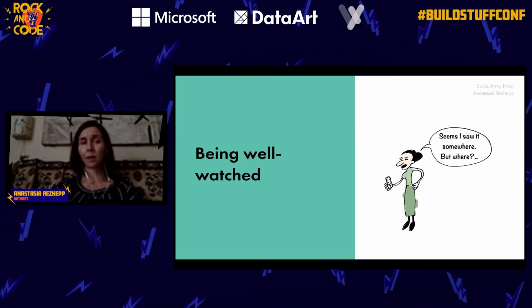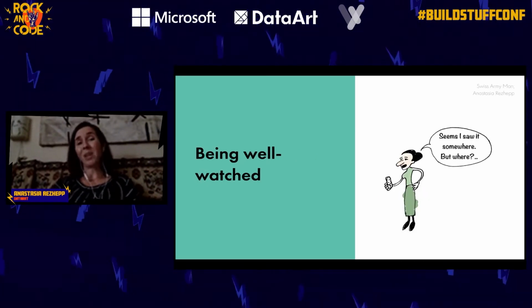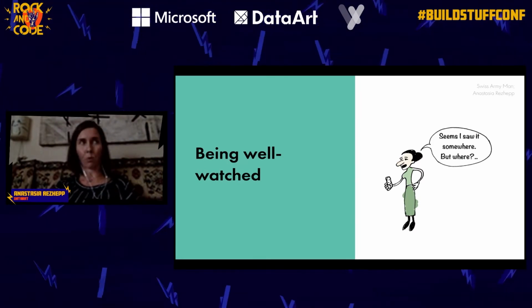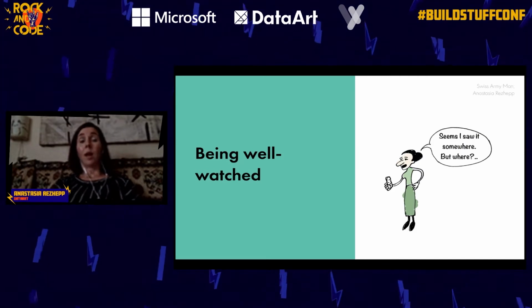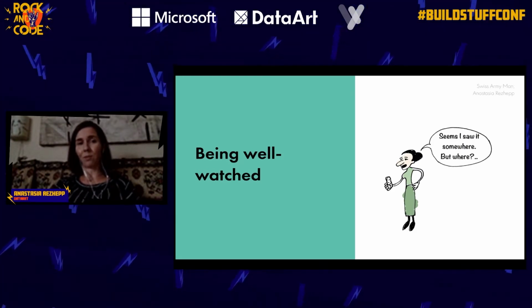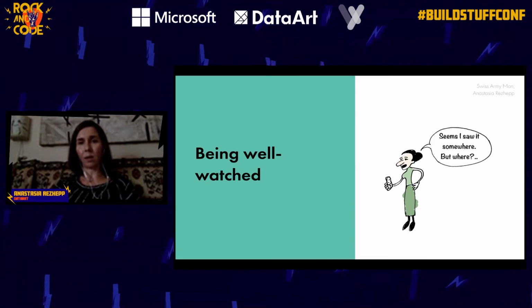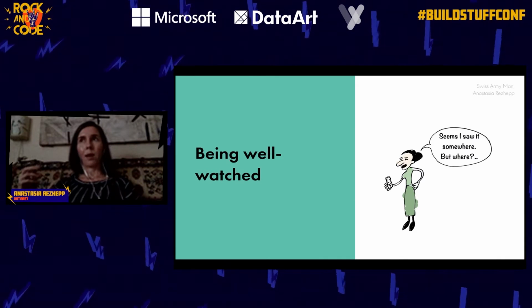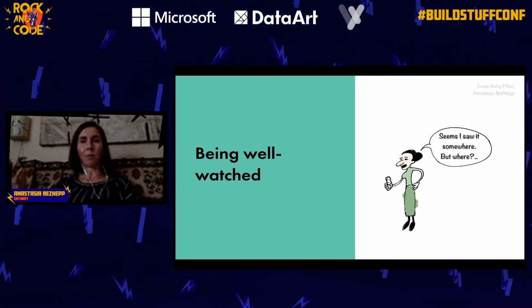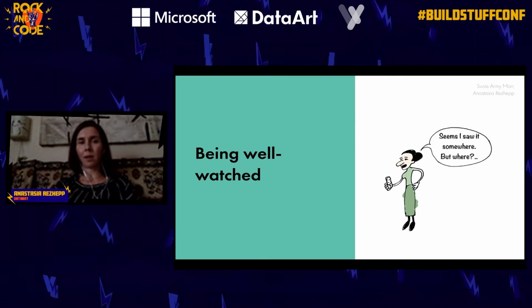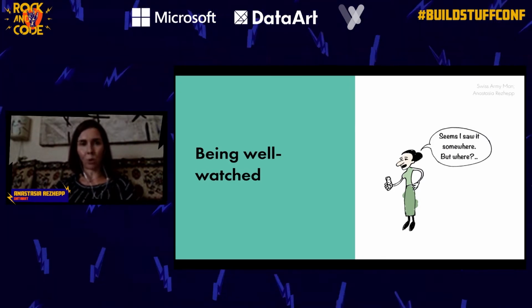The next thing, I call it being well watched. I'm not sure that this kind of word exists. But I think this is one of the most important skills for UX people as well. This is the ability to get the right example out of your head quickly. It helps greatly in design work.